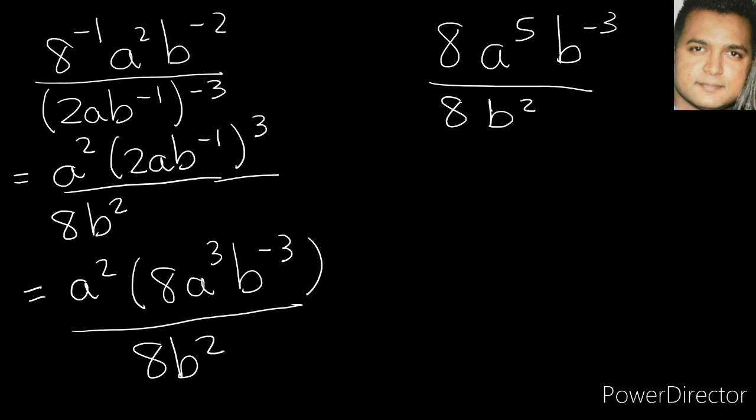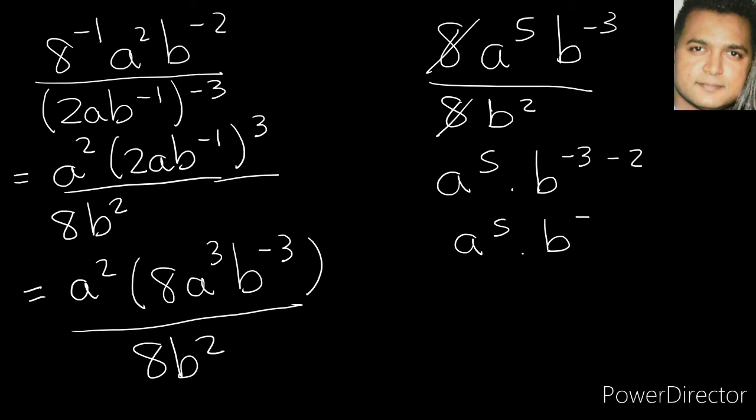So all we need to do is the 8's cancel off, and we're left with a to the 5 times b to the minus 3 minus 2. Right? So we'll have a to the 5 times b to the minus 3 minus 2 is minus 5. So my answer would be a to the 5 over b to the 5.